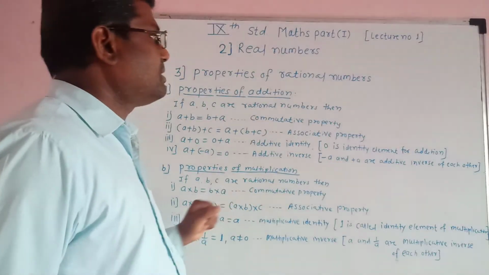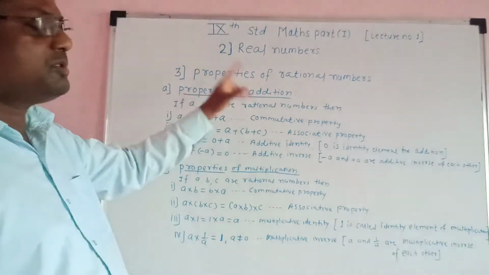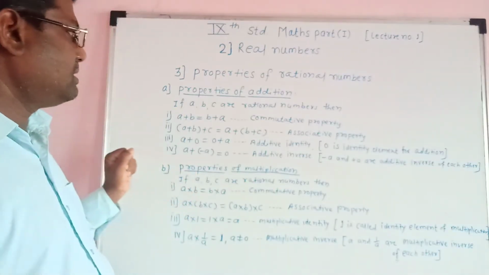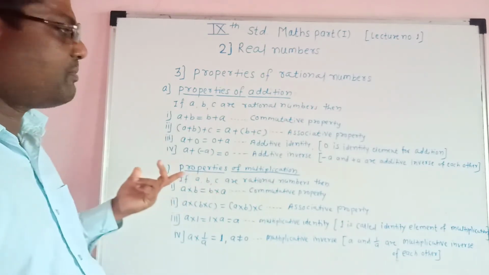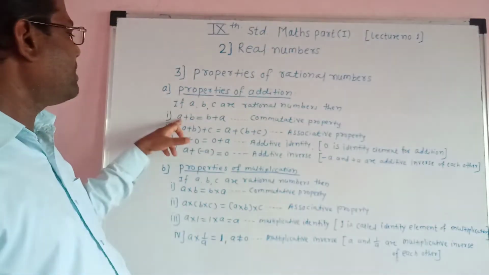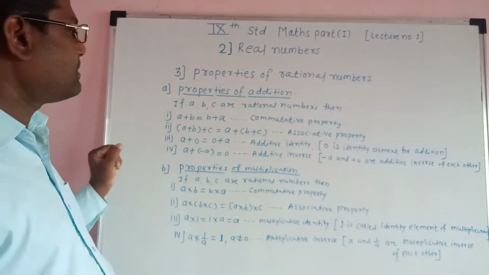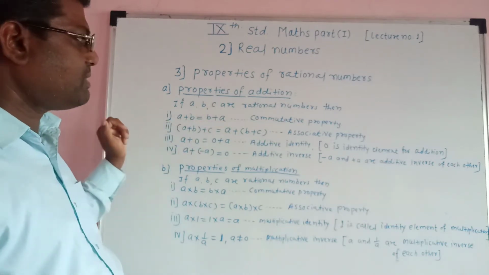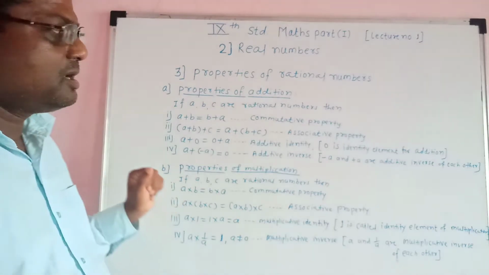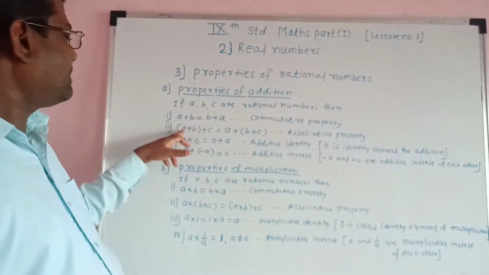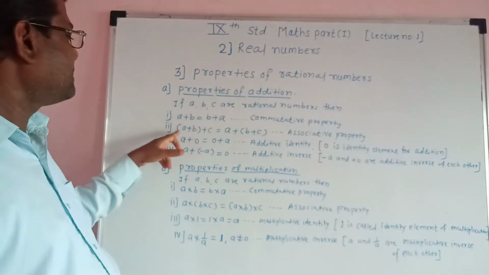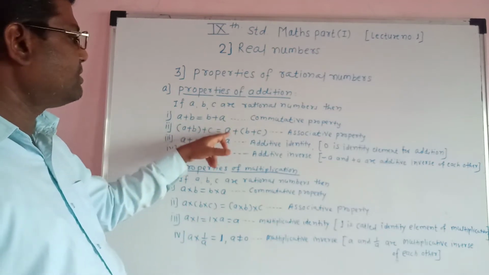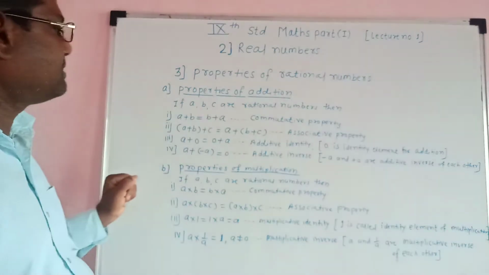Now properties of rational numbers. Properties of addition. If a, b and c are rational numbers, that is, numbers in the form of p upon q, then we have a plus b is equal to b plus a. That is, order is not important in addition of rational numbers. This property is called the commutative property. And if there are three rational numbers, then (a plus b) plus c is equal to a plus (b plus c).